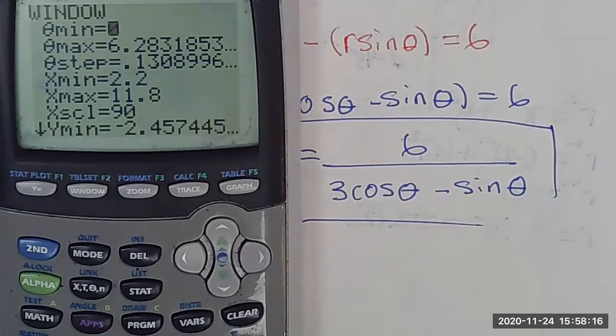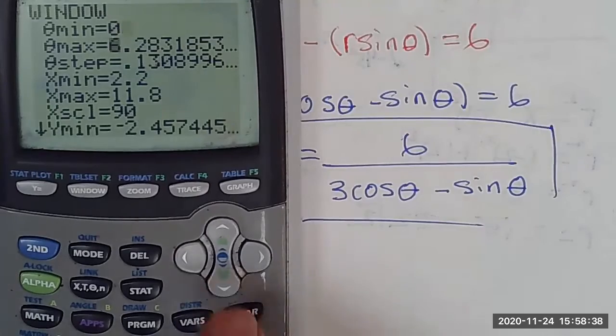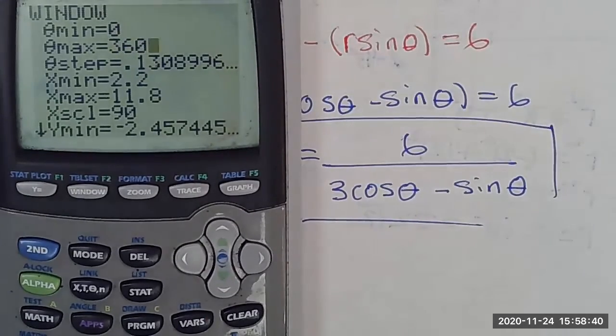What's the theta minimum that you want? That theta is an angle. You might say, well, we've always done 0 degrees, like I'm in degree mode. How about 0 to 360? We'll just try it and see what happens. So why not? Just investigate it. 0 to 360. See what happens.